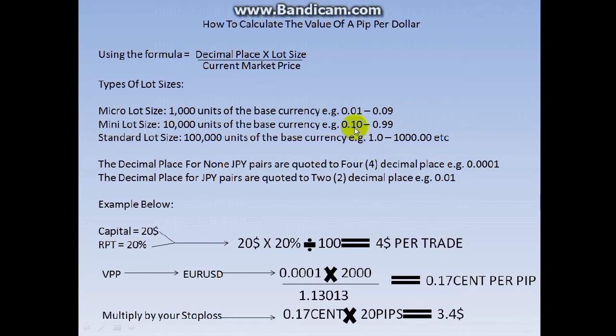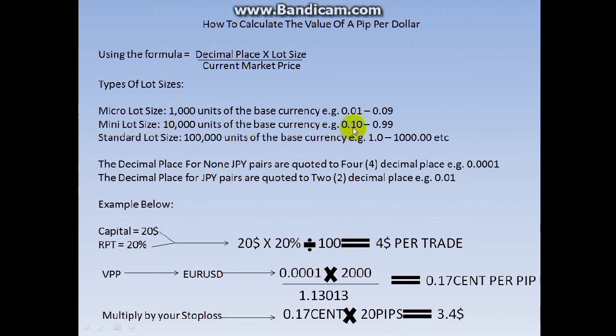If it is 0.11, that will be 11,000. In other words, whatever figure is on the last side is a micro, so we add the value of the micro to the value of the mini lot size unit.